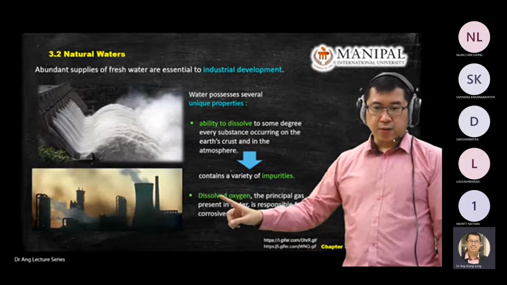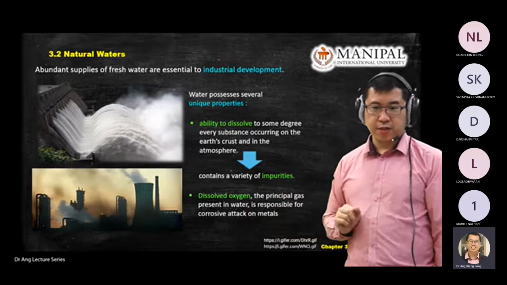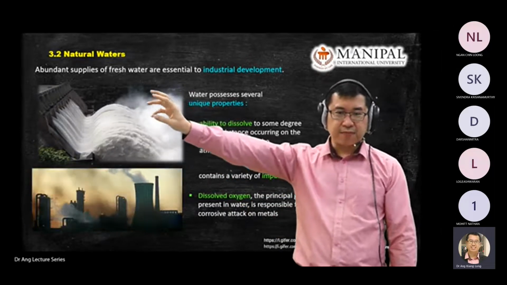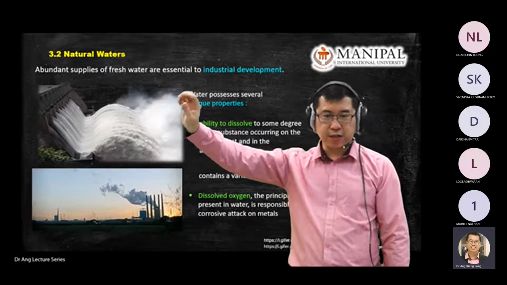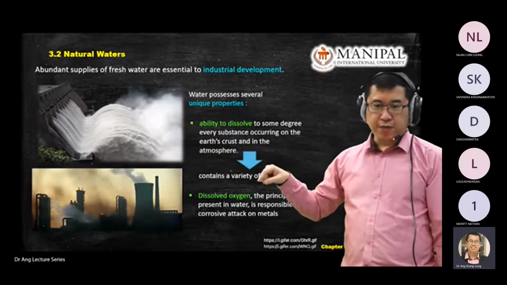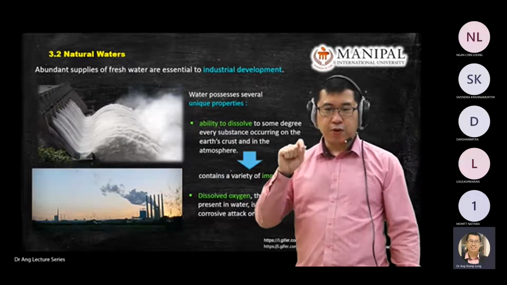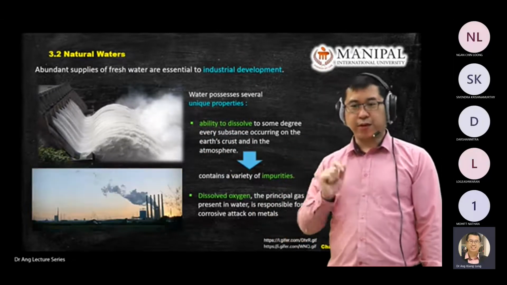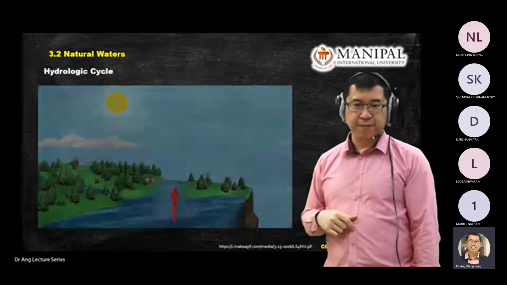One of them is oxygen. When you have more oxygen captured in the fresh water or natural water, then in the process of corrosion you have a higher concentration of oxygen, and the corrosion will happen, right?